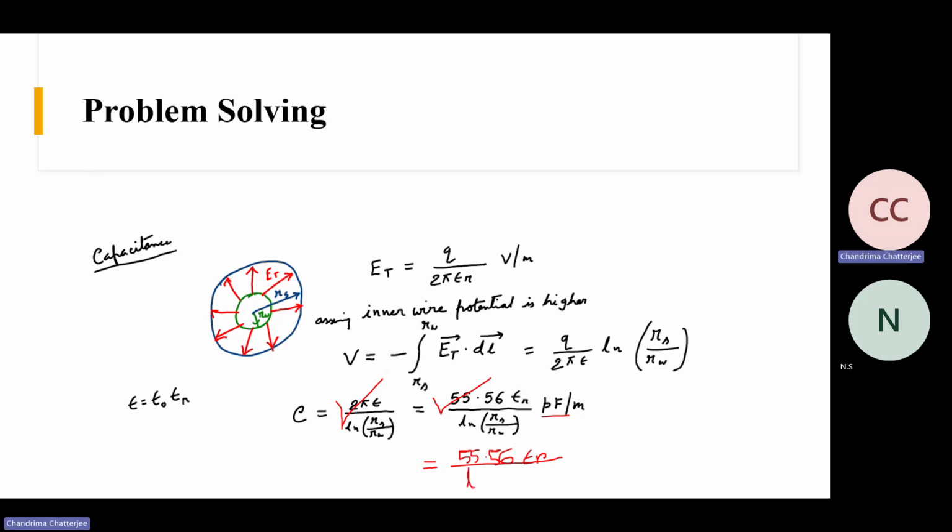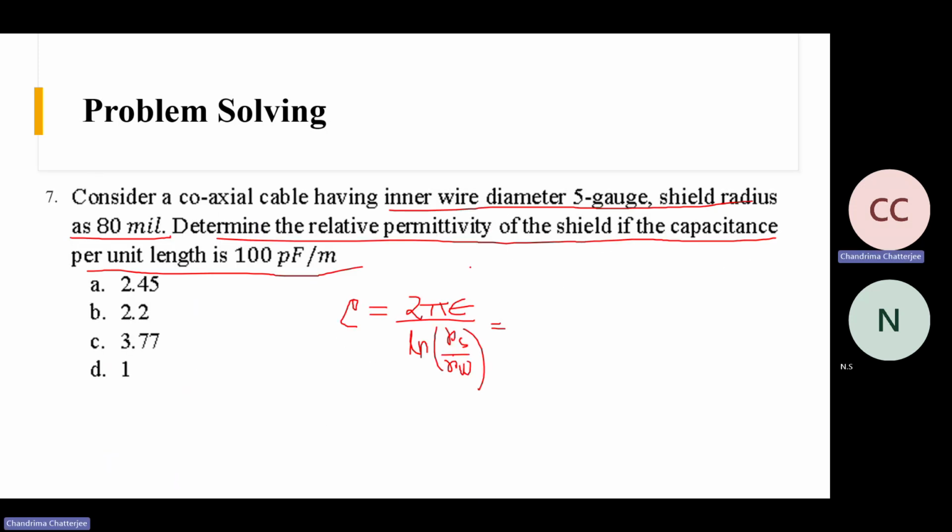The other parameters are given. Ln, the radius Rw, where the diameter is 5 cos, is 0.025 centimeter, and Rs is 80 mil.